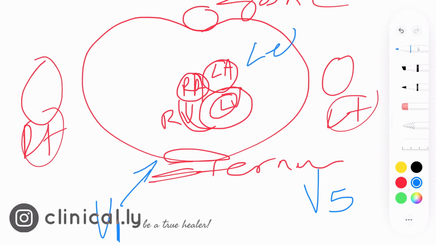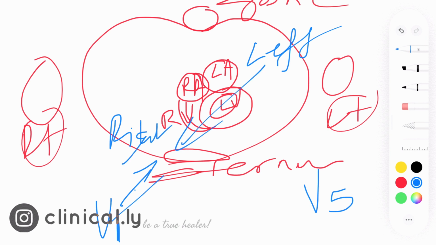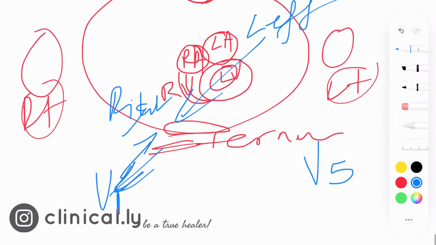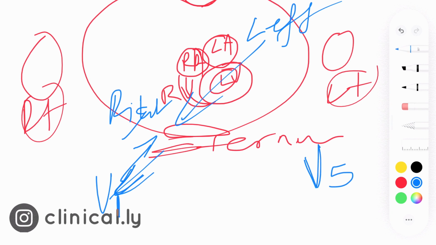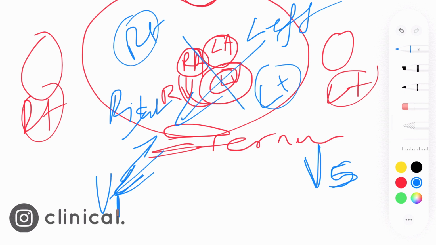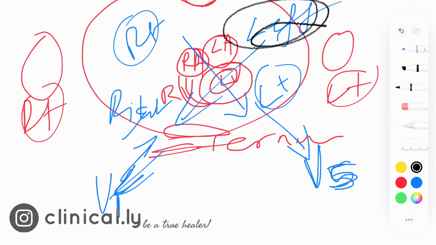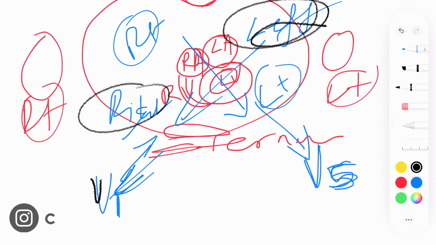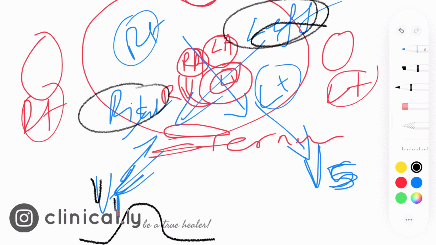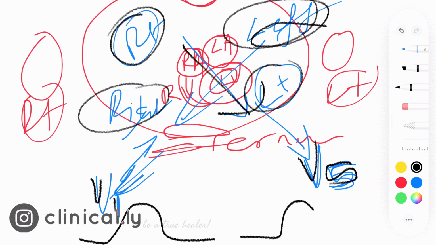So the wavefronts traveling from the left towards the right will be coming directly towards lead V1. In the same way, the wavefronts traveling from the right side of the heart towards the left side would be coming directly towards lead V5. So the left to right traveling of the wavefronts would generate a positive deformation on lead V1. In the same way, right to left traveling wavefronts would generate positive deformation on lead V5.